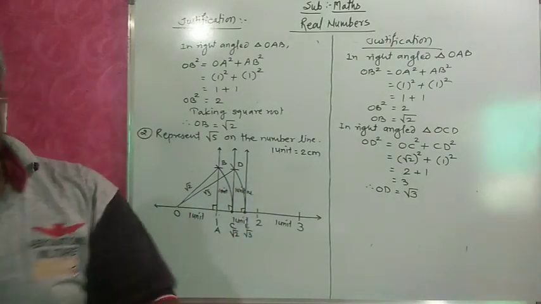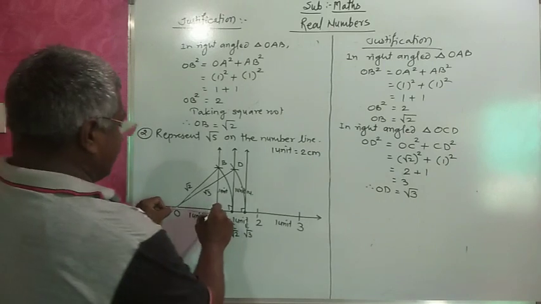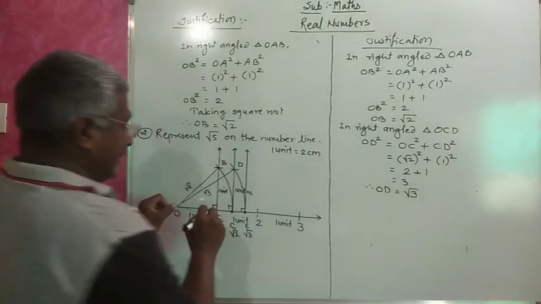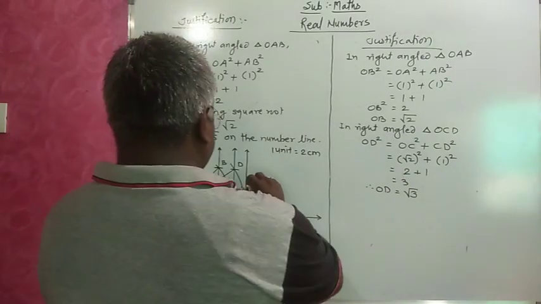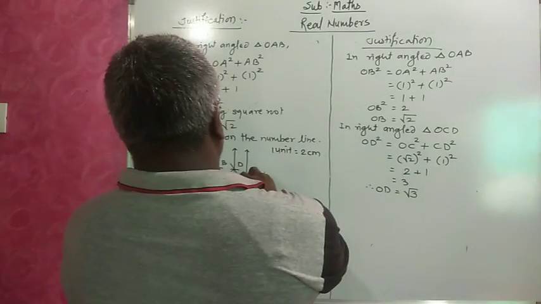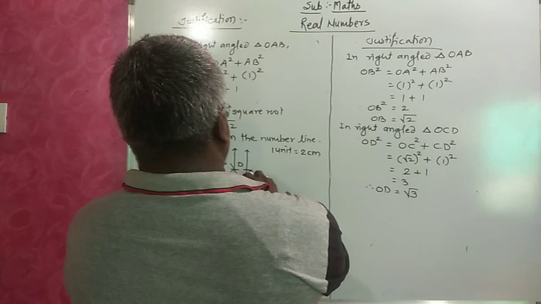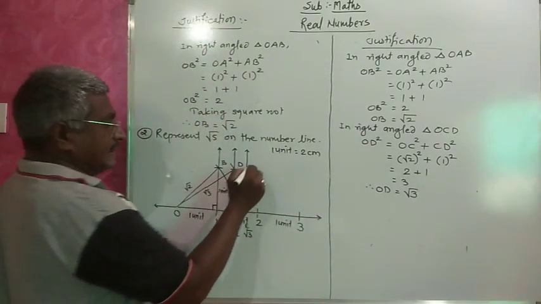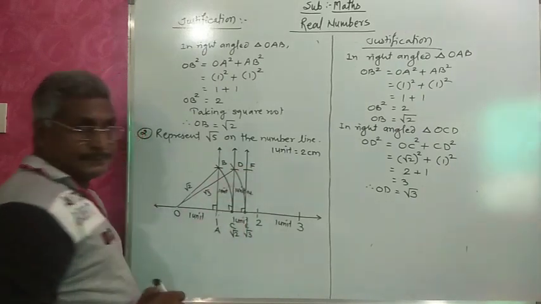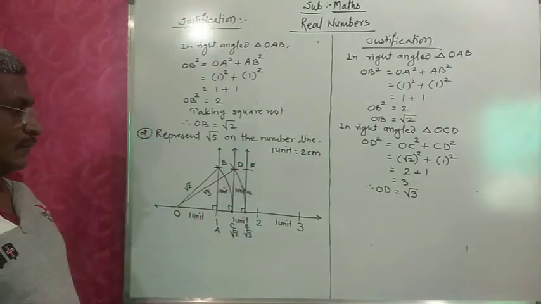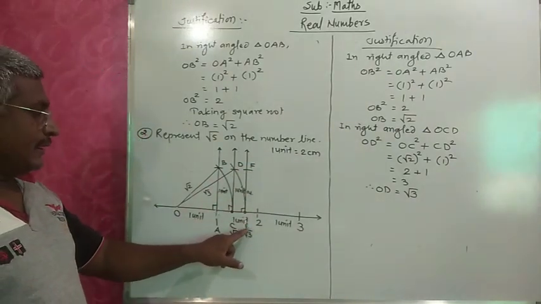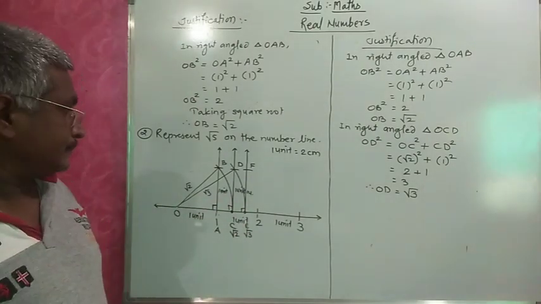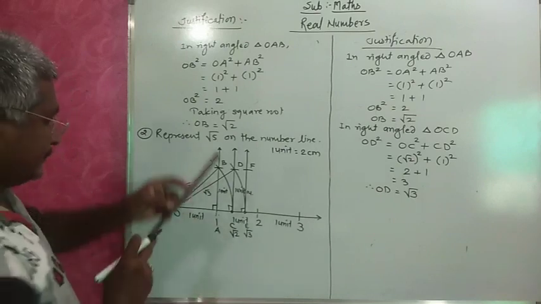Already we measured and kept. So see here, OA distance is 1 unit. Take again OA in the compass. Keep at E. See. So now what do we get? F. What is the length of EF? 1 unit. Now join O to F.